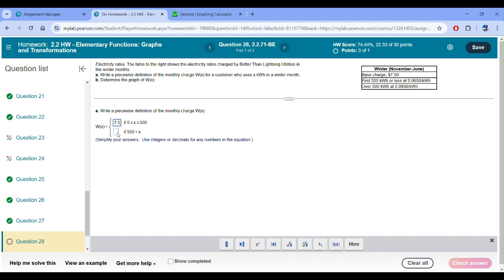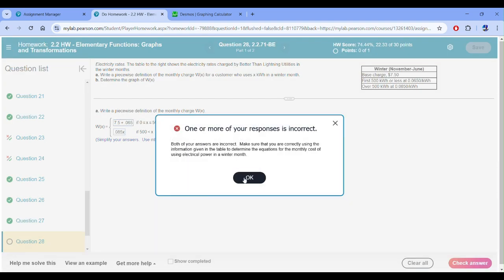If you use over 500, then it's going to be 0.085x, and then this needs a plus 0.065. Check. Both of your answers are incorrect.